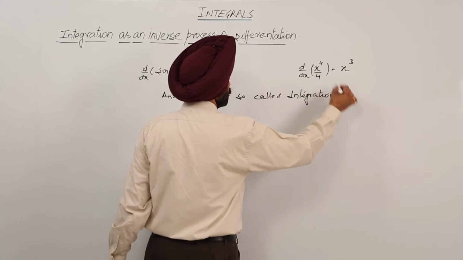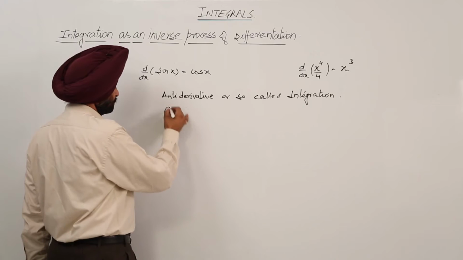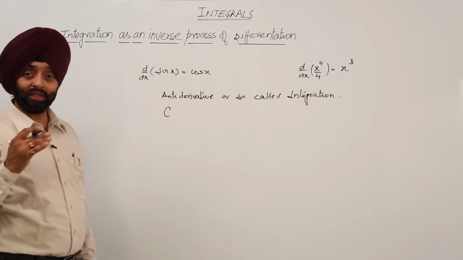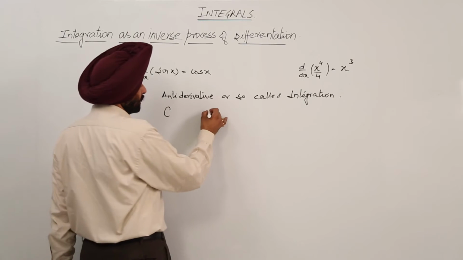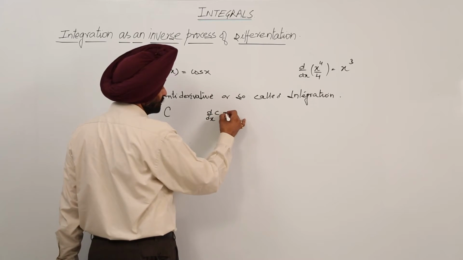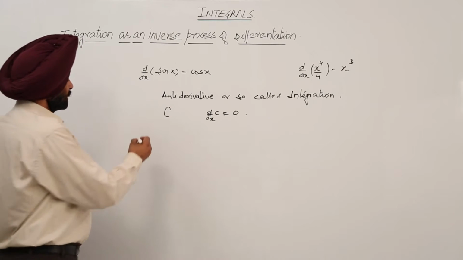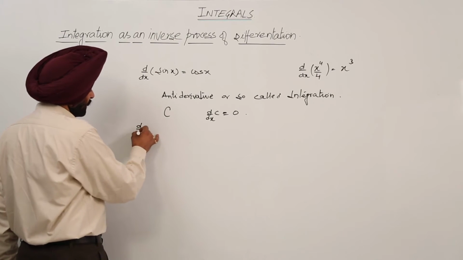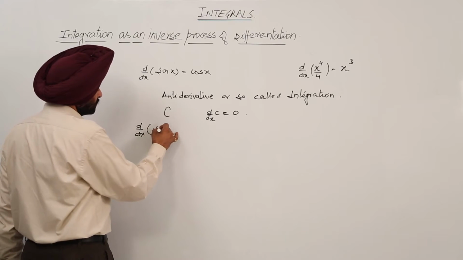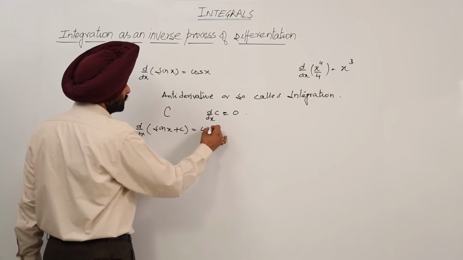Now one more term is there, that is capital C. If it is a constant function, we know that the derivative of a constant, d by dx of c, is 0. So can we write like this, d by dx of sin x plus c is equal to cos x?